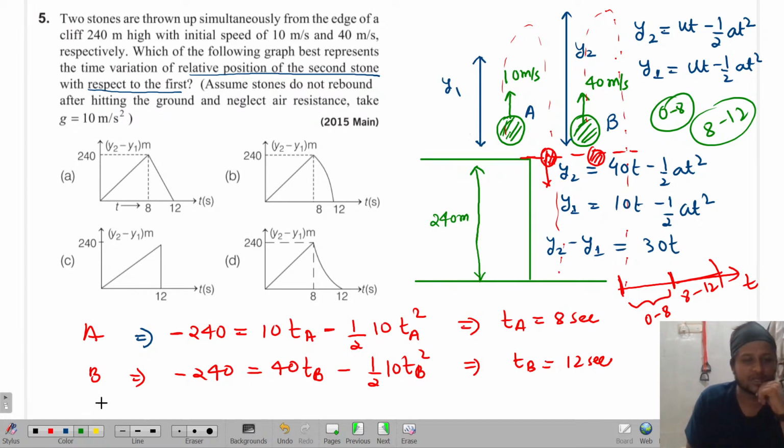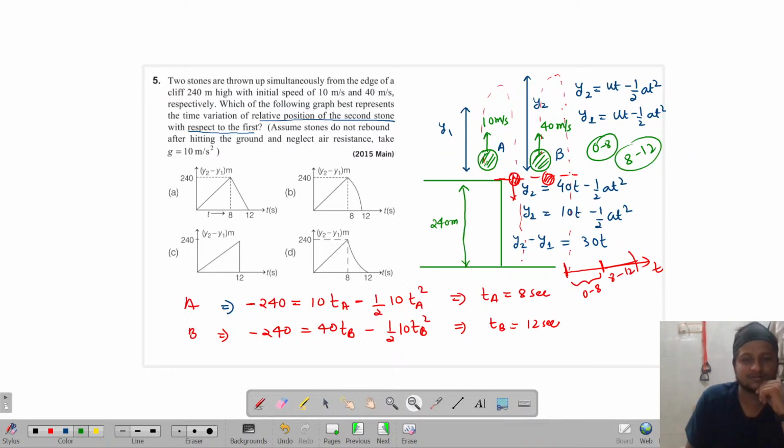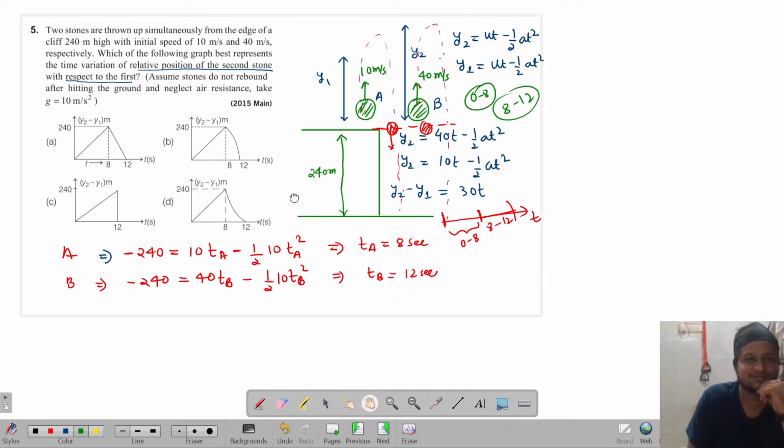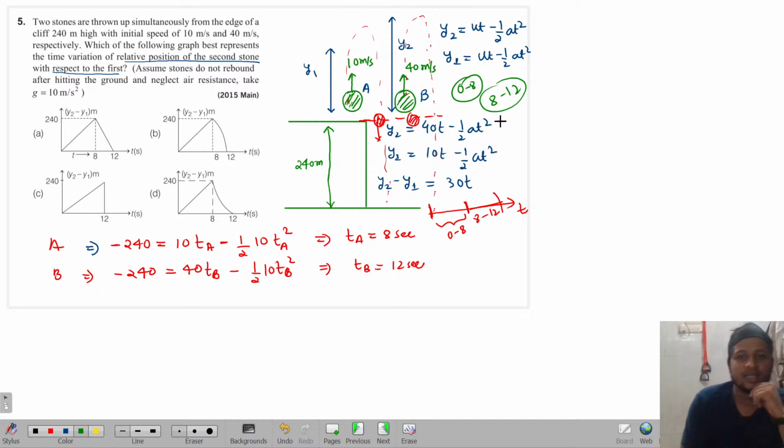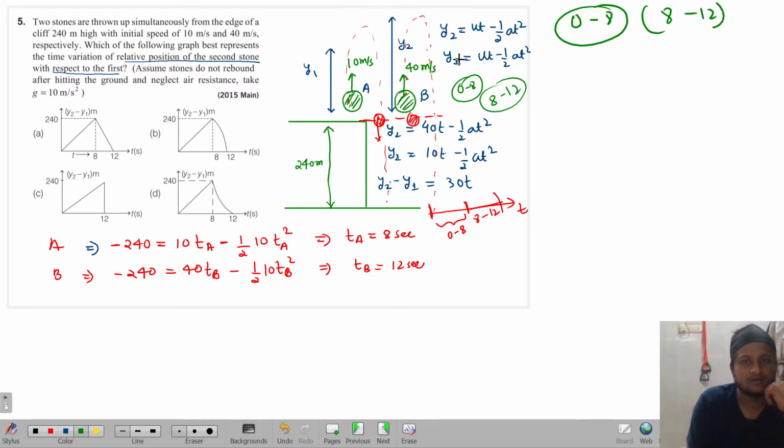Okay, so now look over here. Now try to move to this point. Okay, coming to this point. Now see this. You have to first form the graph for the 0 to 8 second, then you have to form the graph for 8 to 12 second. Now look over here. Between 0 to 8 second, we know the equation. What is the displacement difference equation?